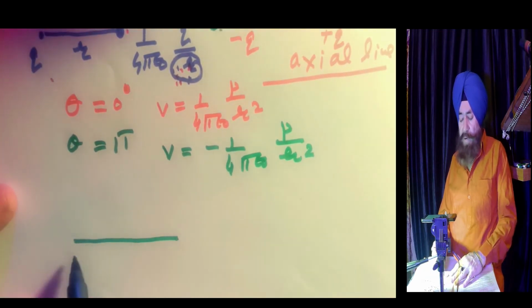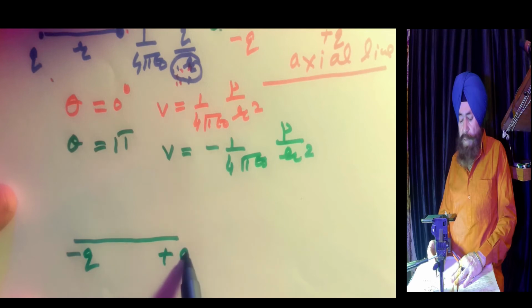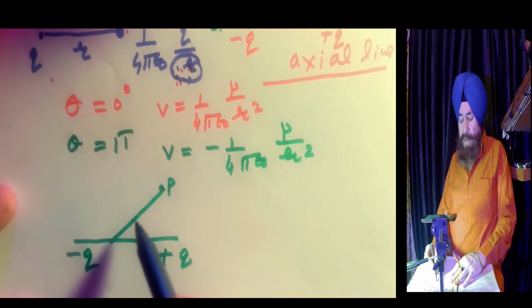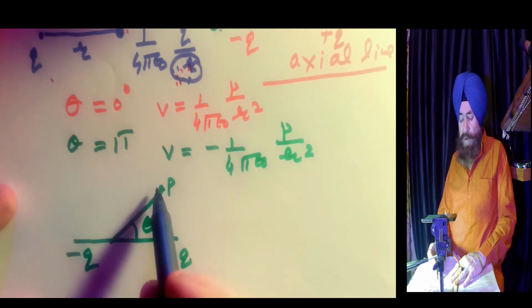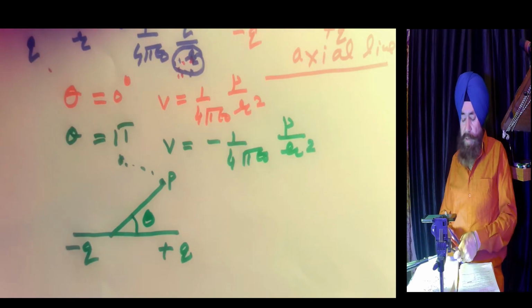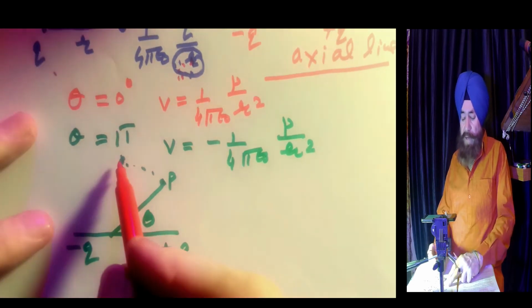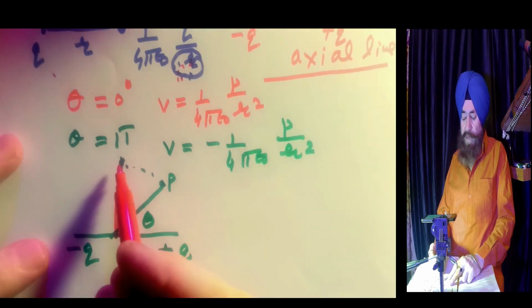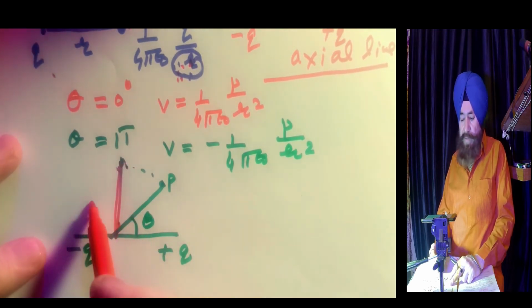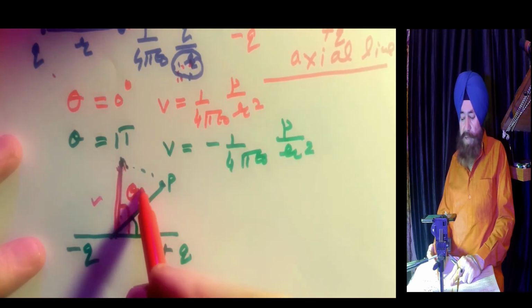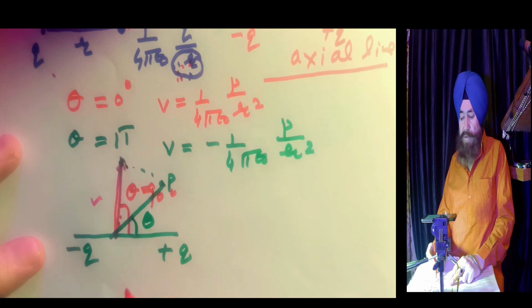Now next, this is a dipole. Observation point was here at an angle theta. Now if your observation point is here, perpendicular to the dipole axis, it is called the equatorial line. This line is called equatorial, and here angle theta equals 90 degrees.